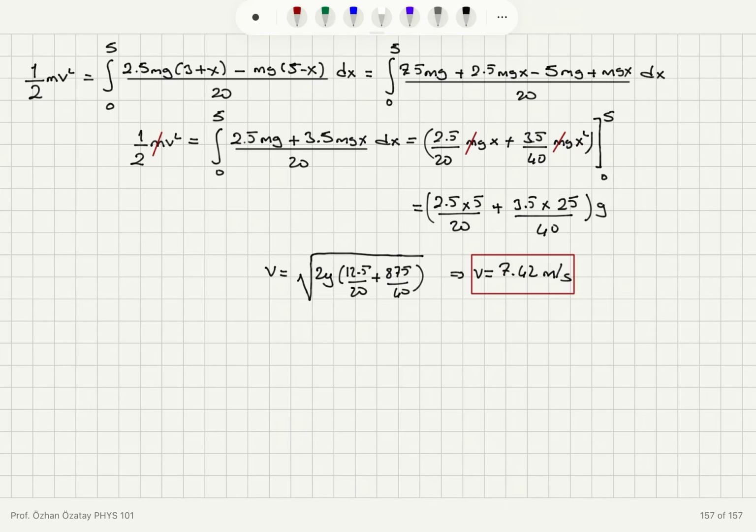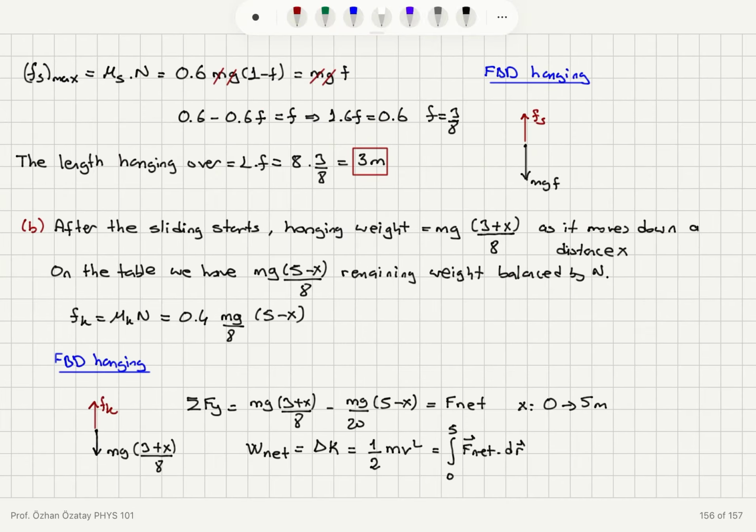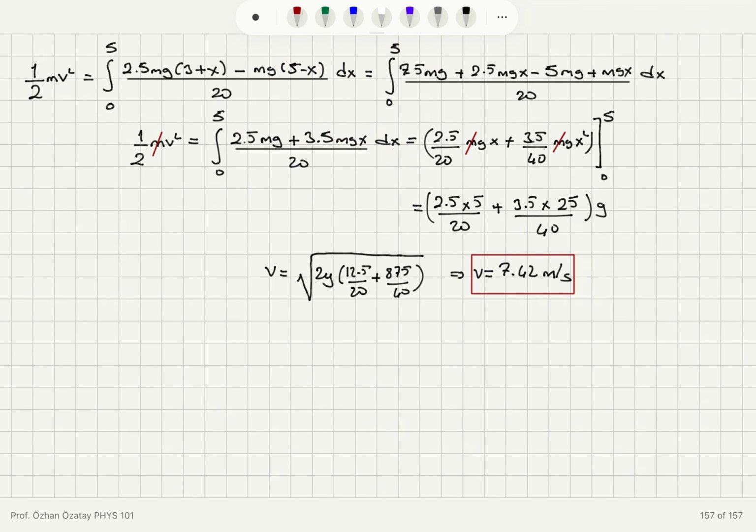And by calculating the work done by the net force, where x goes from 0 to 5, x equals 0 is when we start sliding, x equals 5 is when the last link leaves the table. This integral gives me the change in kinetic energy, 1/2 mv squared minus 0, because the initial kinetic energy was 0. We just started sliding, and this gives me the final speed as 7.42 meters per second.